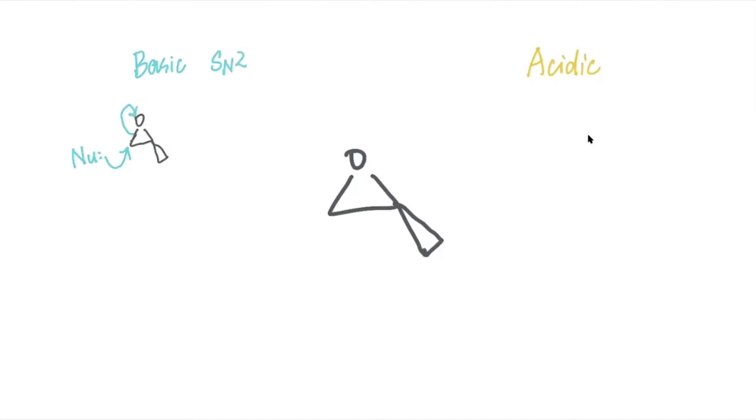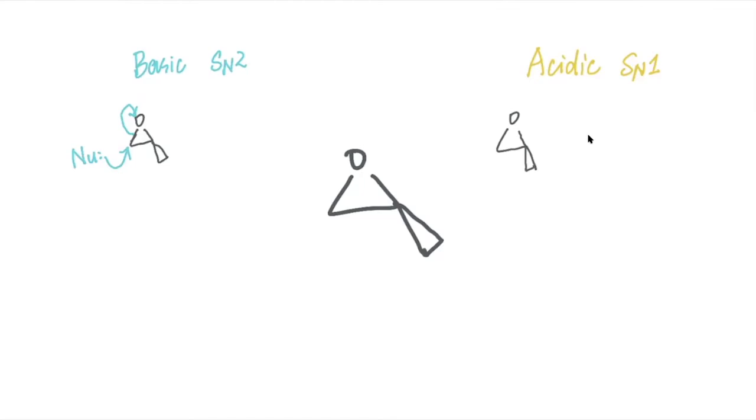If I have an acidic condition, I guess you're going to know what I'm going to write. It's going to be SN1. And it's no longer going to attack on the side that's less sterically hindered, which is the side that has fewer carbon substituents.